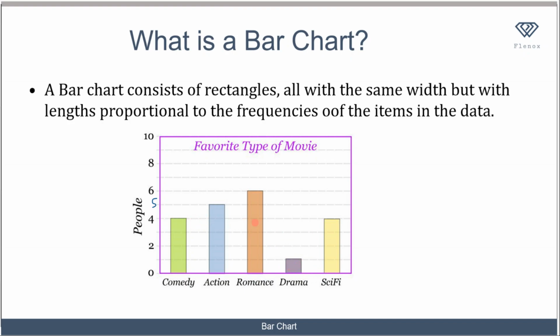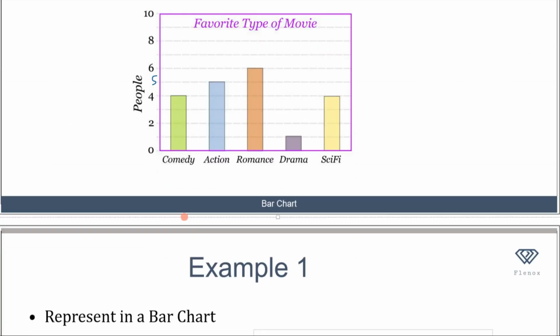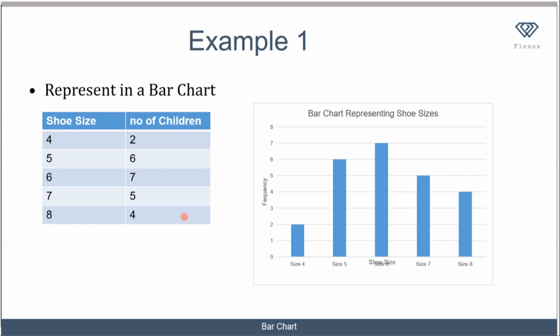And 4 people love sci-fi movies. So that is what the bar chart is all about. It shows us the type that we're interested in and the number or the frequencies to which people like that particular thing.